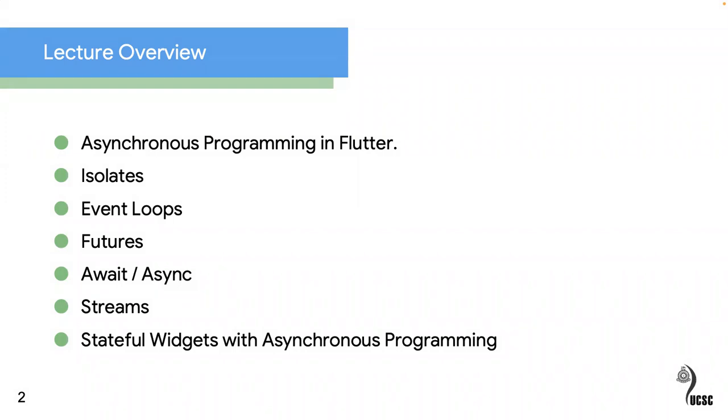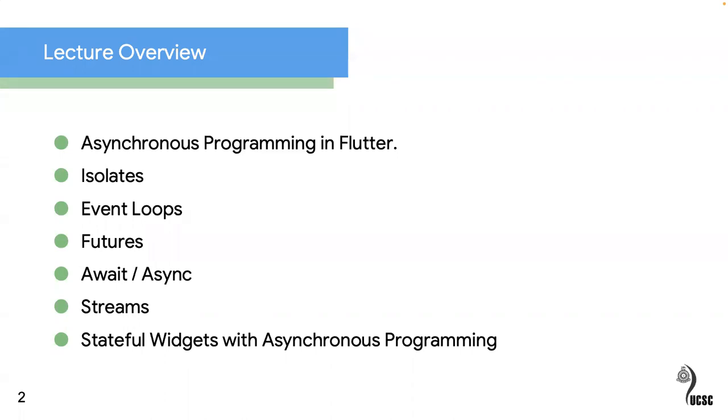I think you already know about await and async because you should have some knowledge of JavaScript, right? Then what streams are, and finally how to deal with a stateful widget with asynchronous programs, in terms of FutureBuilder and other things, right?